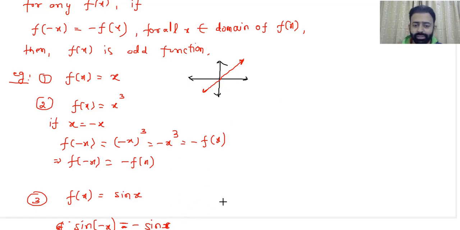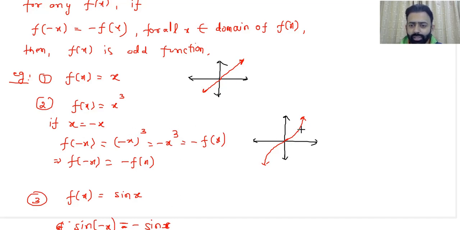So sketching the graph of x cube, next example. f(x) equal to x cube goes like this and like this. Meaning of this is that if, let us say, x you take as plus 2, then for x equal to 2, output is plus 8.